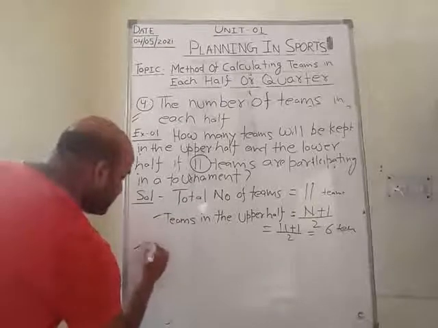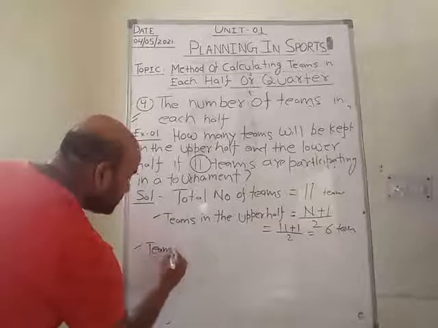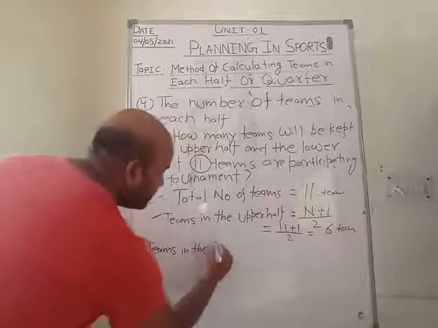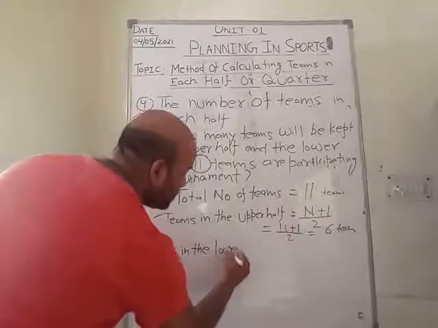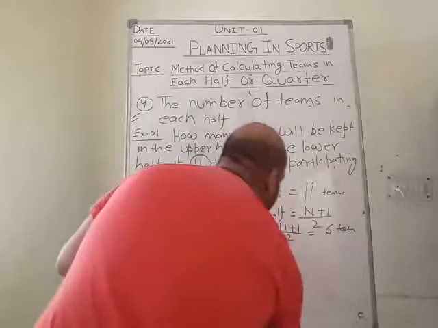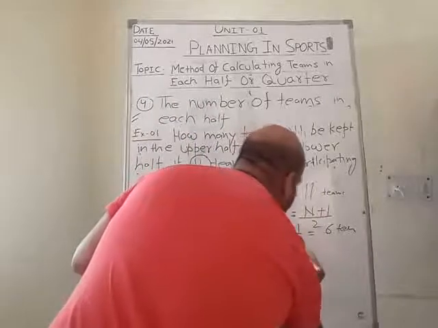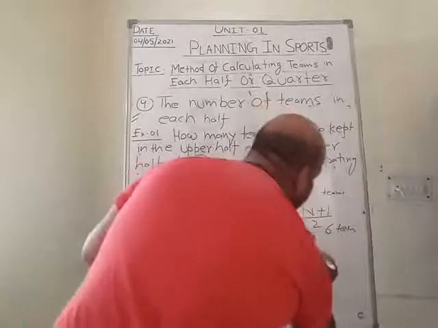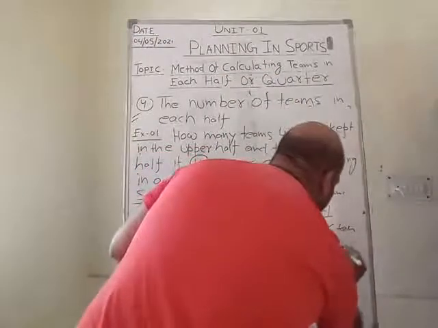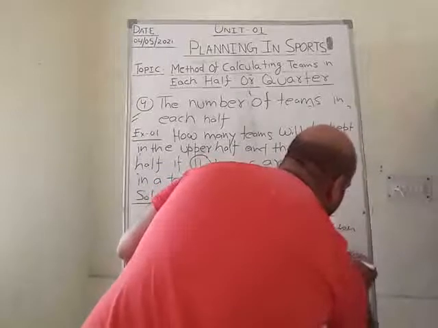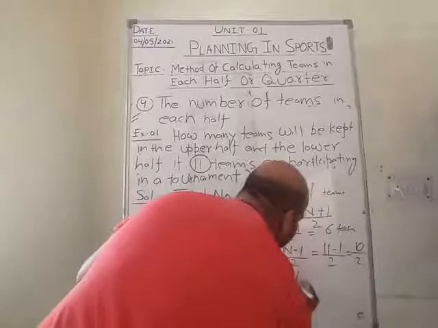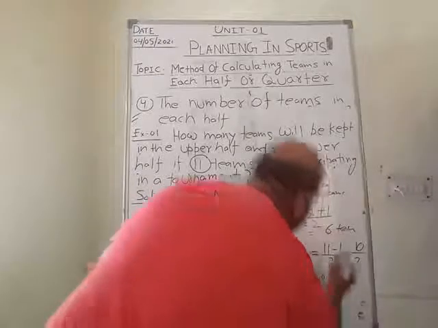Next, teams in the lower half equal N minus 1 upon 2. What is N? N is the total number of teams. Okay, 11 minus 1 upon 2, 10 upon 2, equals 5 teams in the lower half.